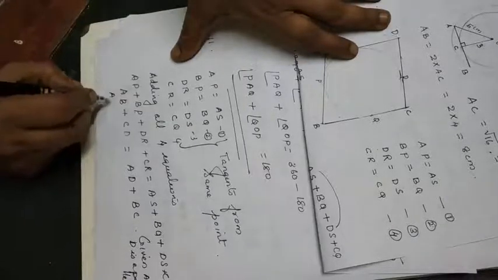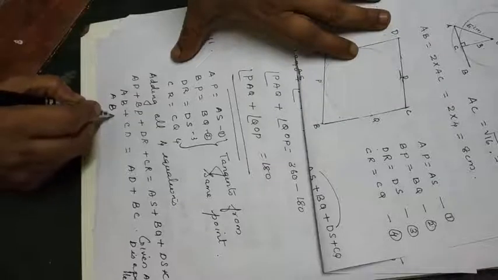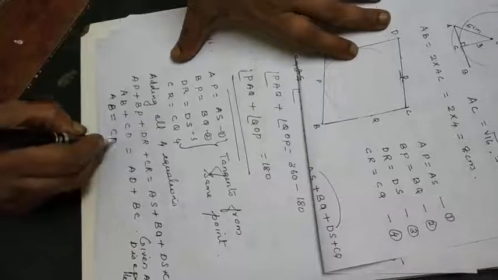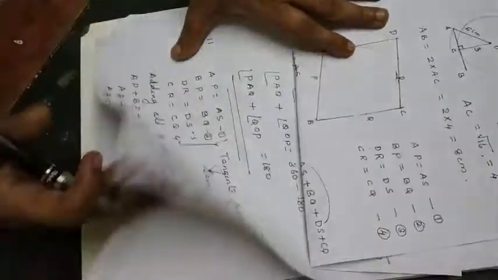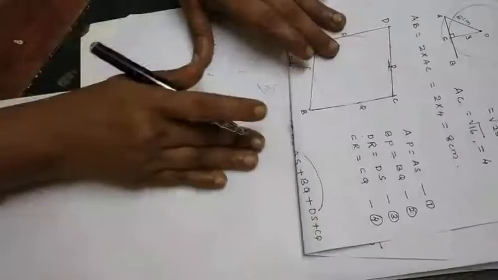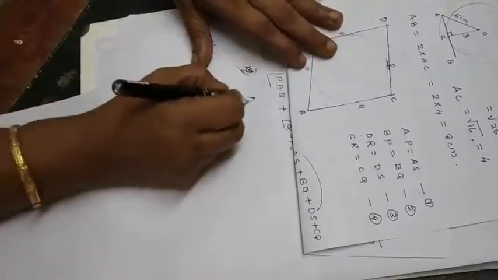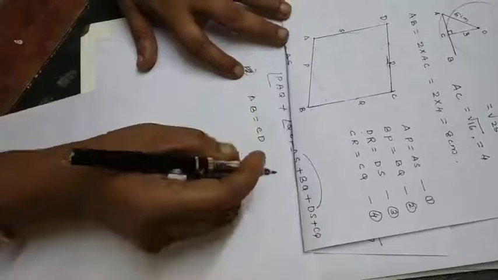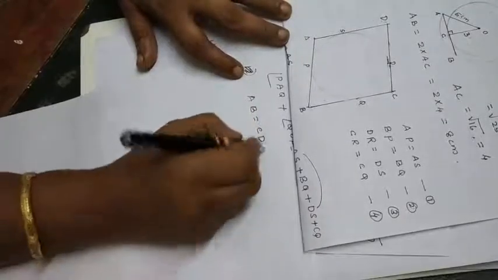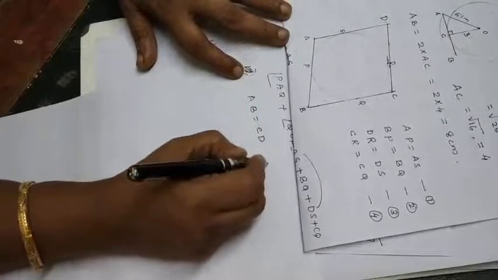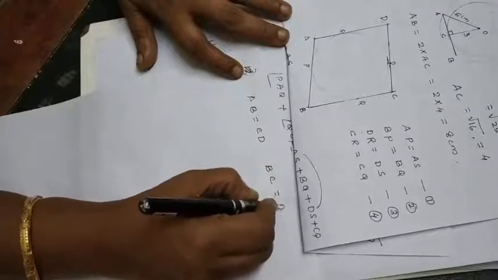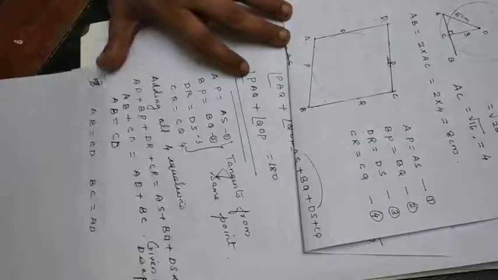So AB equal to CD and BC equal to AD. But we got what?